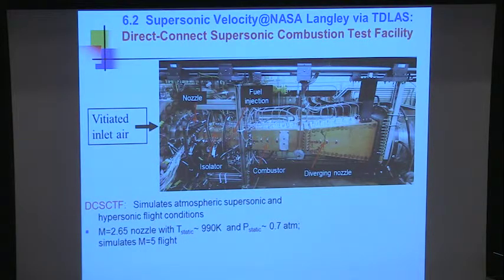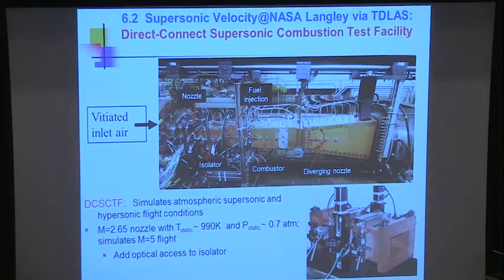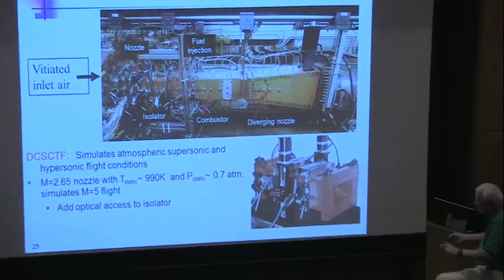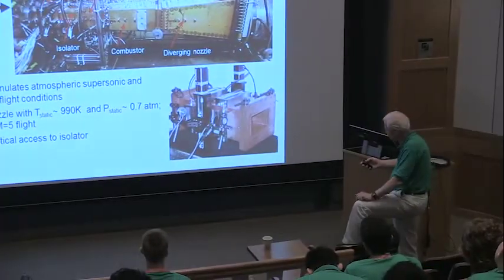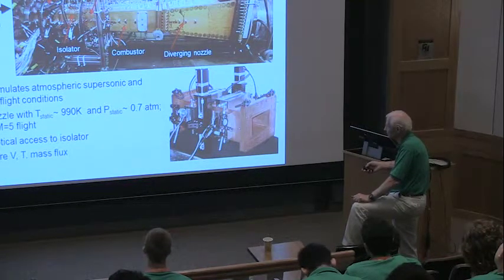That's the point. So we built, I should say the student built, translation stages so that he could probe this system here, which is rectangular. Here's the geometry right here. Probe it by scanning his laser beams upward or sideways. So he has two different kinds of translation stages he could use. We had to scan the laser beams to map out this test section.